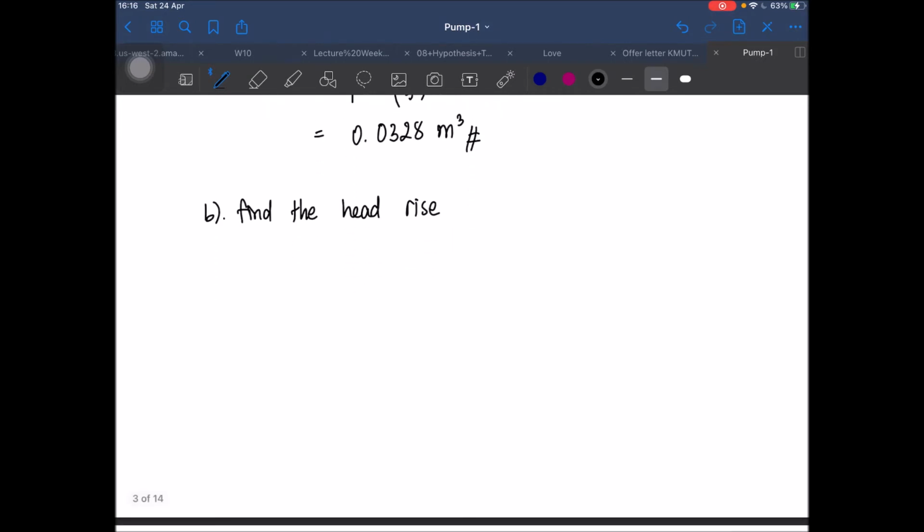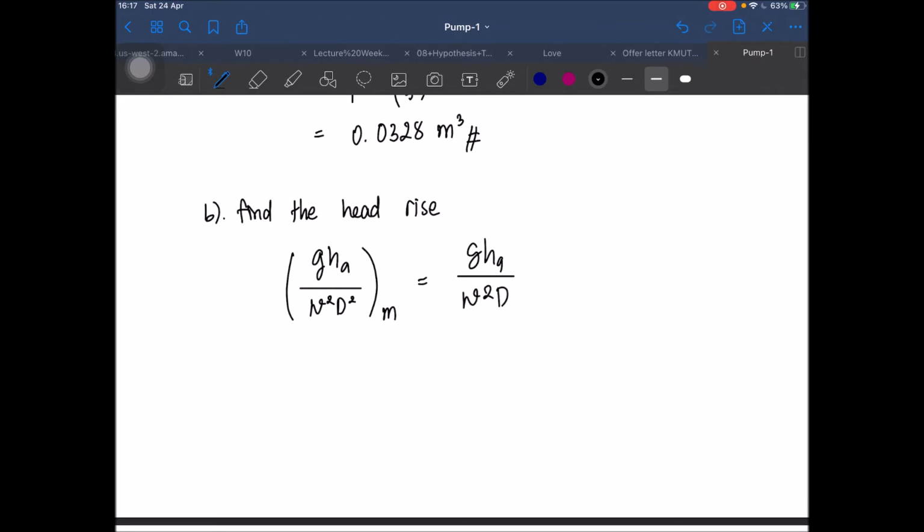In this topic we keep comparing things together. There are two equations that have the same coefficient or same something mentioned in the problem. So we have model and gH over omega squared D squared. H is the head rise.